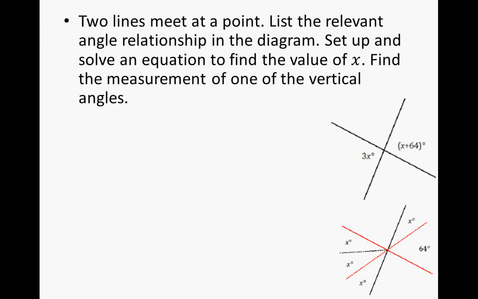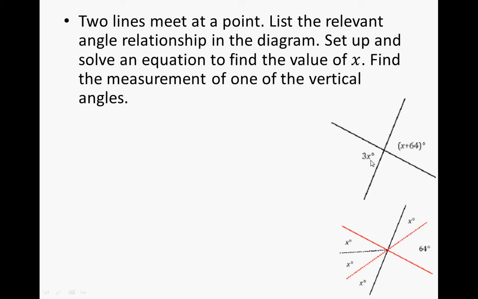All right, continuing on, we have 2 lines meet at a point. List the relevant angle relationship in the diagram. Set up and solve an equation to find the value of x. Find the measurement of one of the vertical angles. So we could do this a couple different ways.